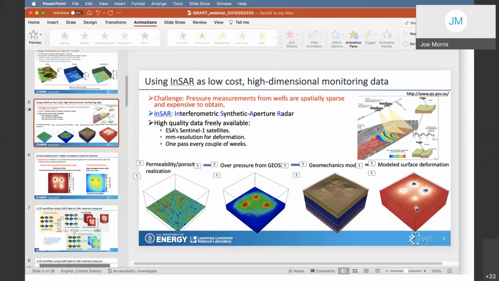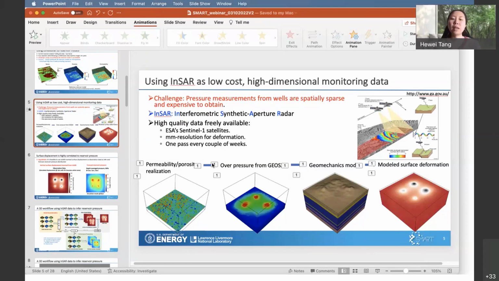I'm just wondering, is the question perhaps how the correlation was done in this workflow? Because you did develop the model that mapped from the pressures to the surface deformation, right? Yeah, it's like a one-way coupled workflow. I input the overpressure to the geomechanics model to get the surface displacement. So for your reservoir model, you build a model from the surface to your storage formation?